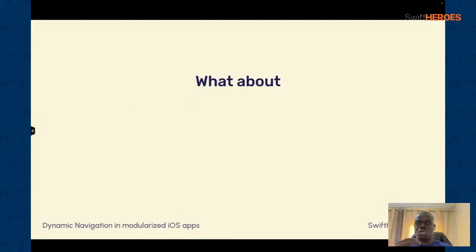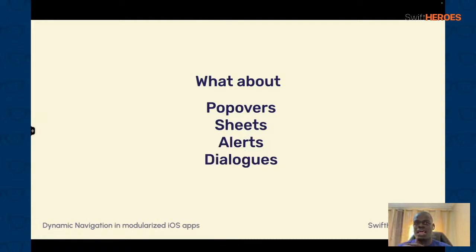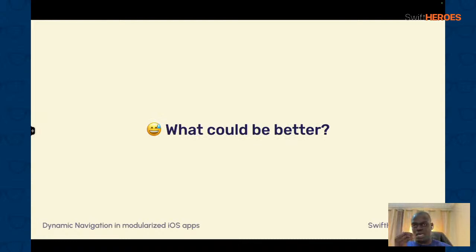Because what about other components, like popovers, like sheets, like alerts, like dialogues, like top bars, right? All these components can be considered as navigation as well. So we can say that navigation is every UI element that allows users to explore and interact with the app content and functionality, right?